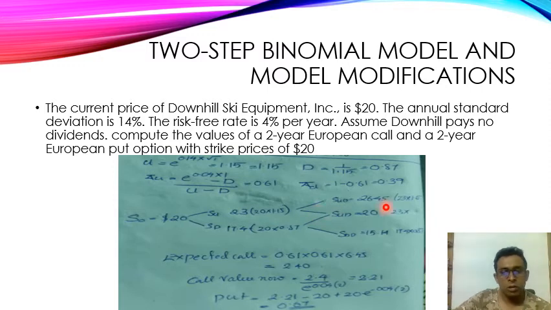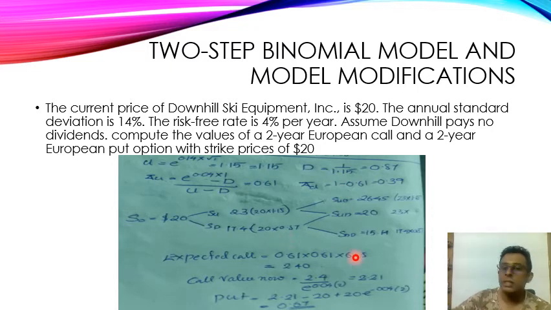If we have purchased a call option, we'll only exercise it above 20, because its strike price is 20. So everything below 20 lapses, and above 20 there is only one outcome: the stock price reaches 23 and then reaches 26.45. Only then will we exercise.